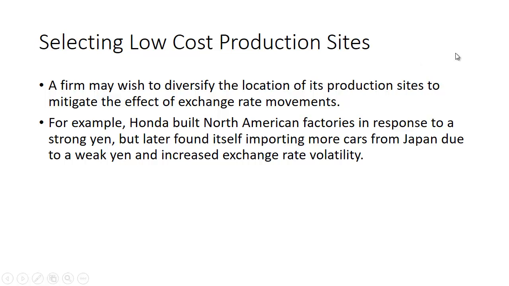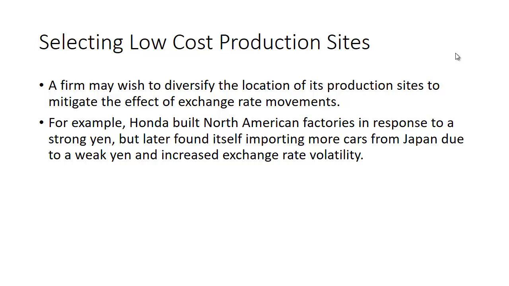So let's take a look at selecting low-cost production sites. A firm may wish to diversify the location of its production sites to mitigate the effect of exchange rate movements. So for example, Honda built North American factories in response to a strong yen, but later found itself importing more cars from Japan due to a weak yen and increased exchange rate volatility.